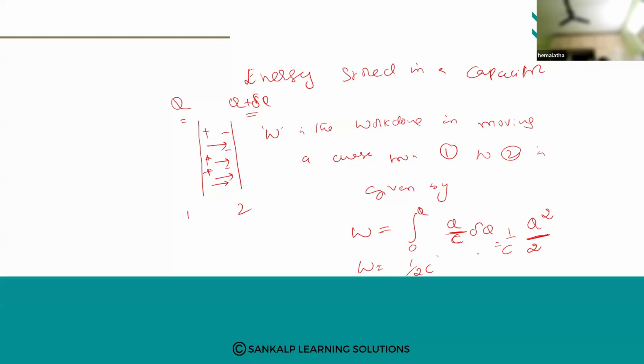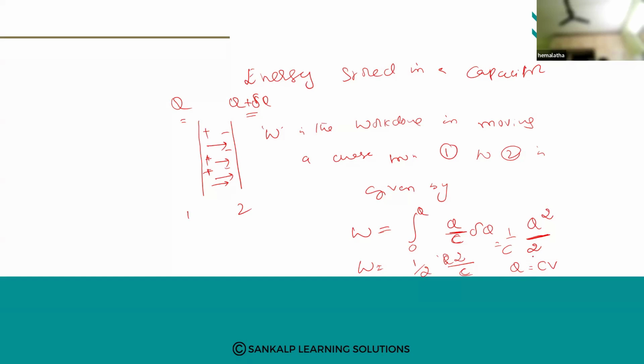Why? Because Q is nothing but what? W is equal to half of Q square divided by 2C. Correct? Q square divided by C. But Q is equal to C into V. Correct or not?